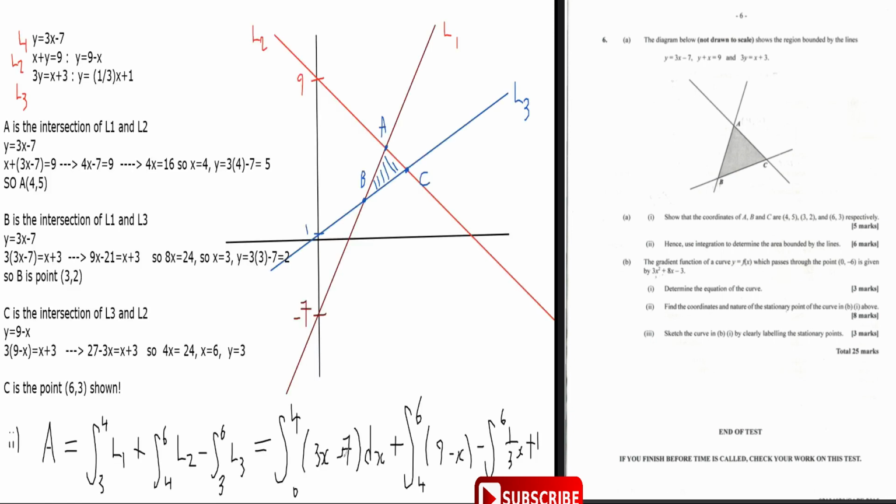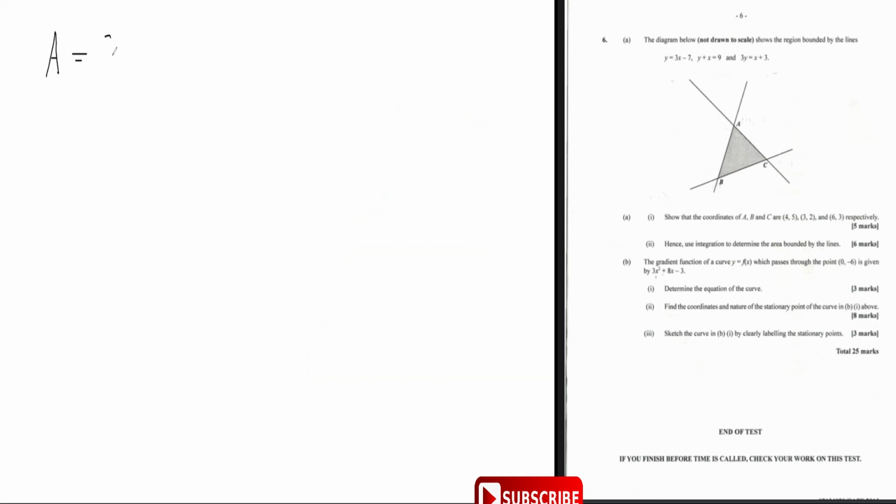3x integrated minus 7. I'm going to get 3x squared over 2. So I'm going to get 3x squared over 2 minus 7x. And remember, when we integrate, we're integrating from, that was from 3 to 4, plus we're then integrating L2.